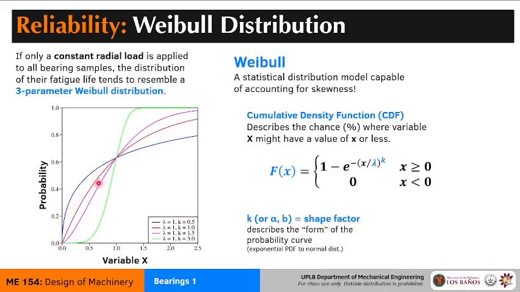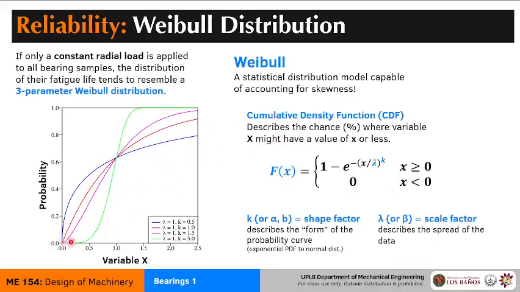So it can be this kind of L-shaped form here, or it can be an S shape here. So the shape factor controls that. And then you have the scale factor, the denominator inside this exponential function. This denominator, the scale factor, describes how spread out this cumulative density function is.